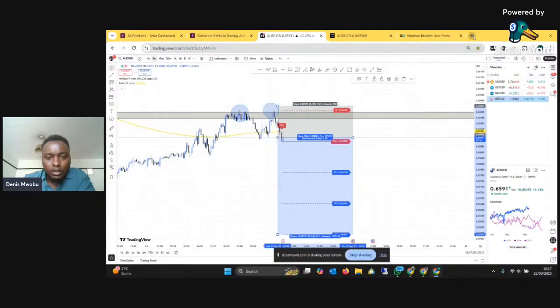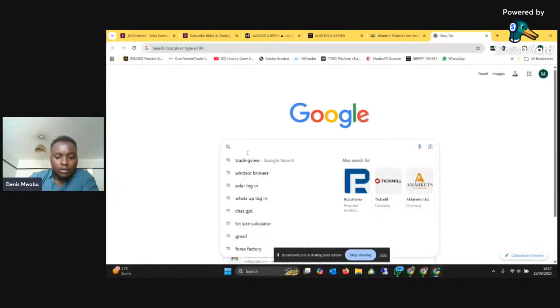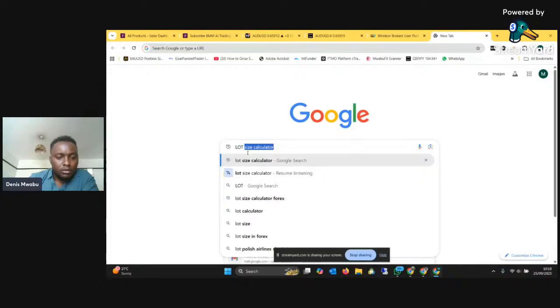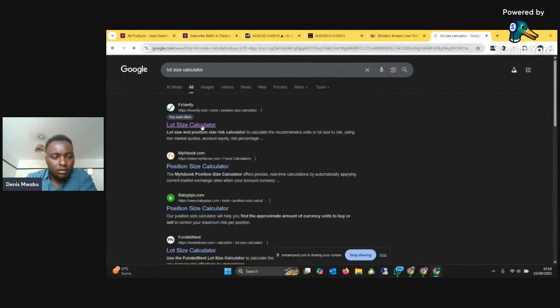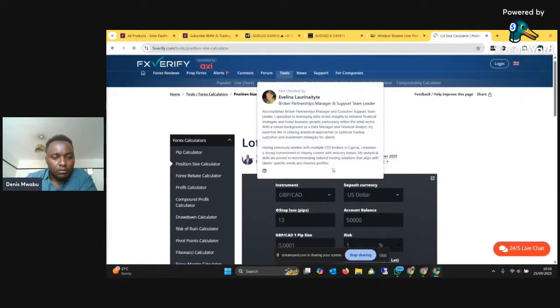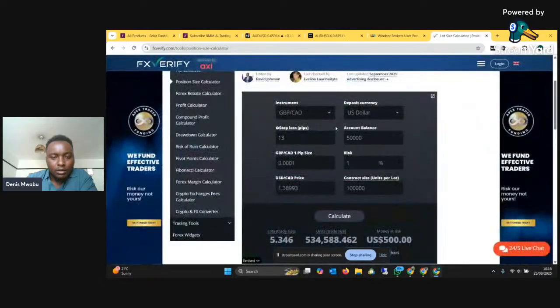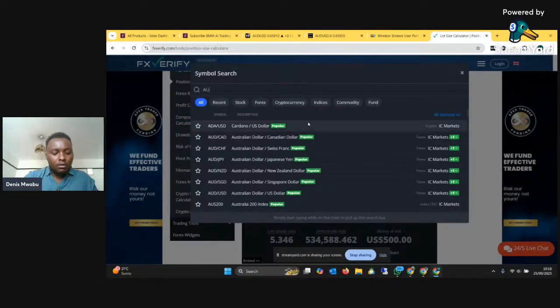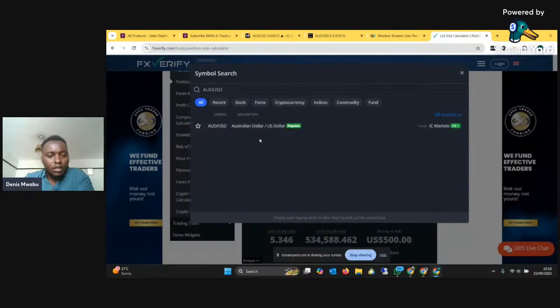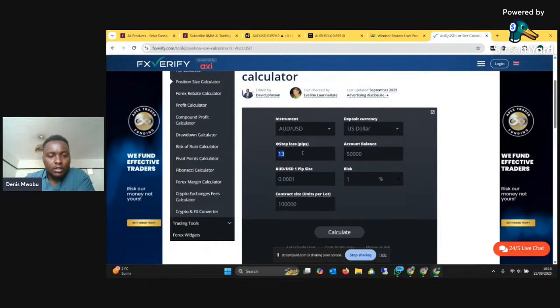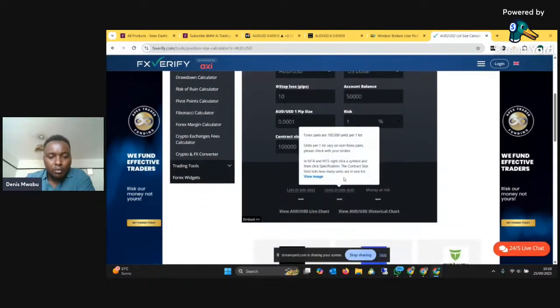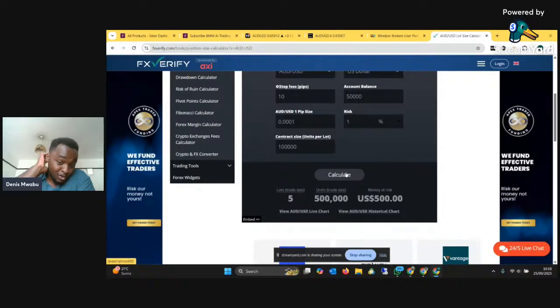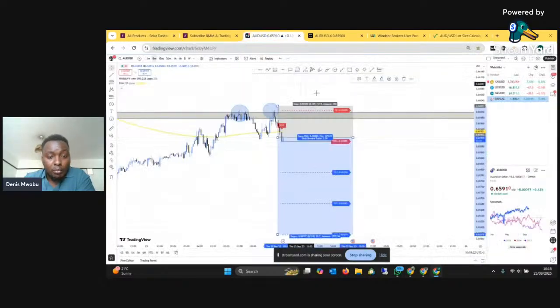Lot size calculator. AUD USD. And as I always tell you guys, not all trades are 100%. So if you're participating in a trade, just make sure that you are following your risk plan.